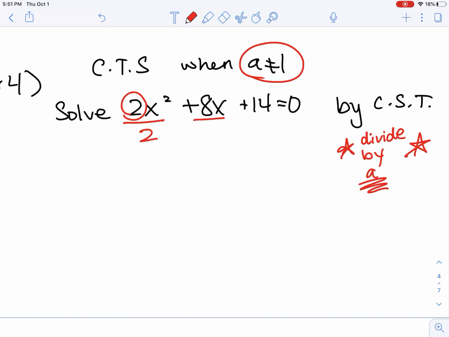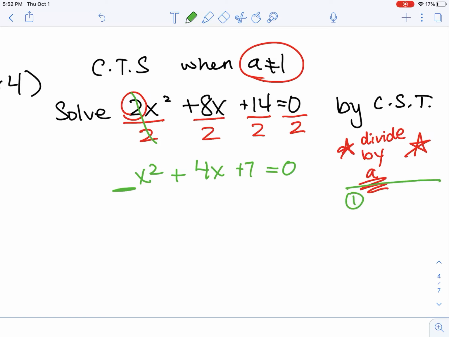We're literally just going to divide every single part of the equation by 2. Because we're doing it on both sides of the equation, it's legal. It keeps the value of our original equation. This cancels, and we've got x squared plus 4x plus 7 equals 0. Now we have that a value of 1.